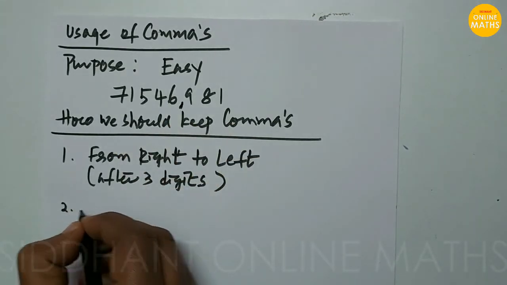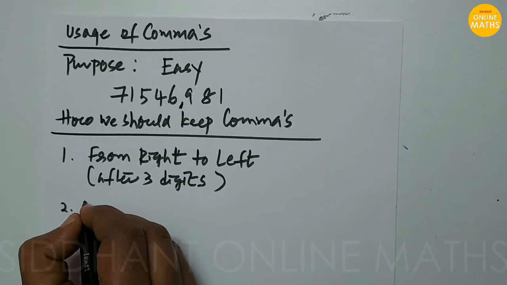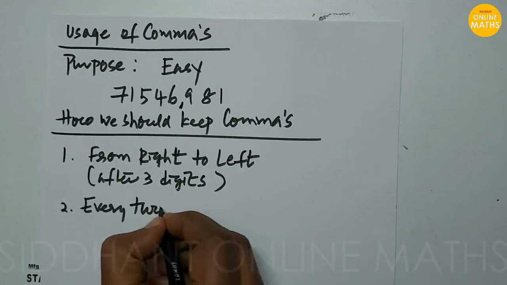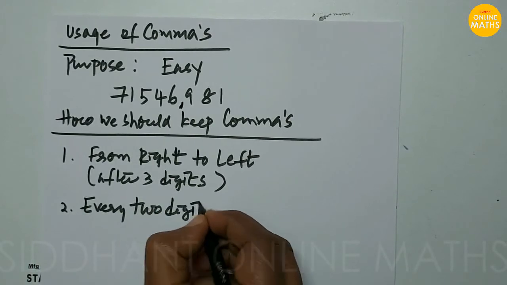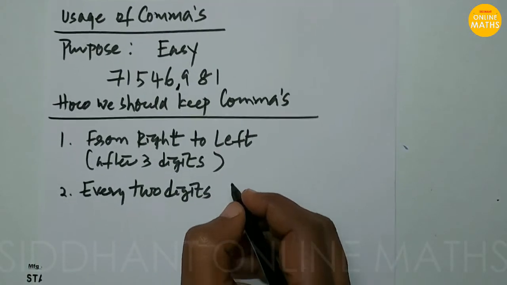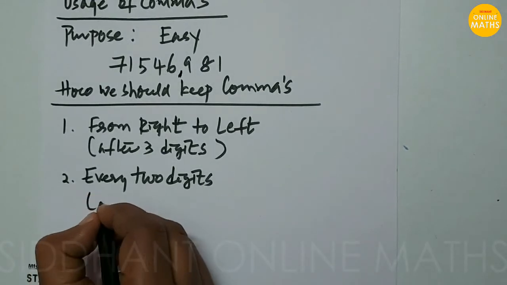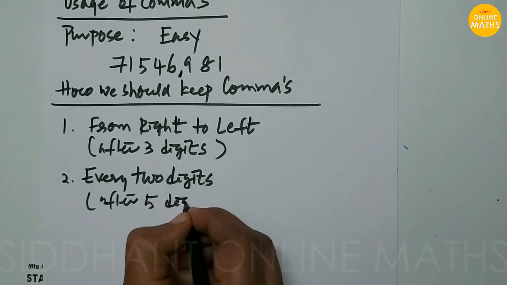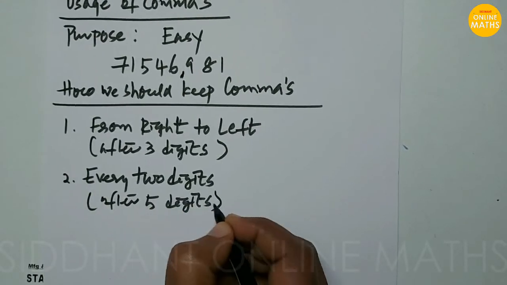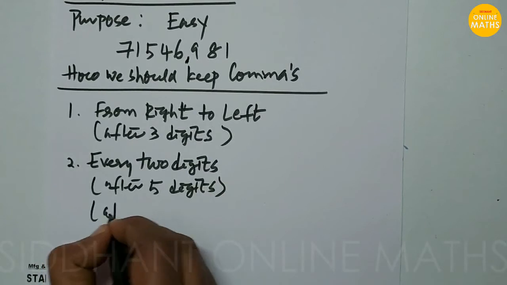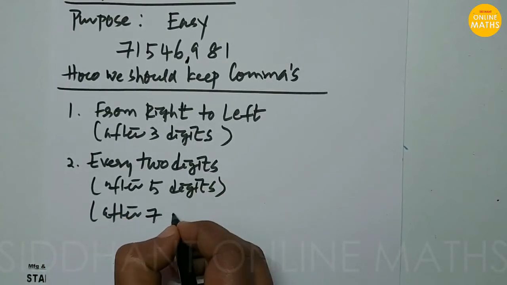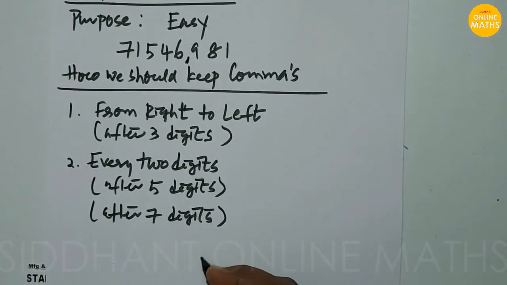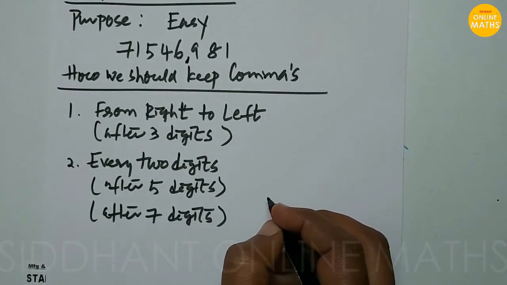And next, followed by this, for every 2 digits we are going to keep a comma. That means after 5 digits, and after 7 digits. In this way we keep commas.